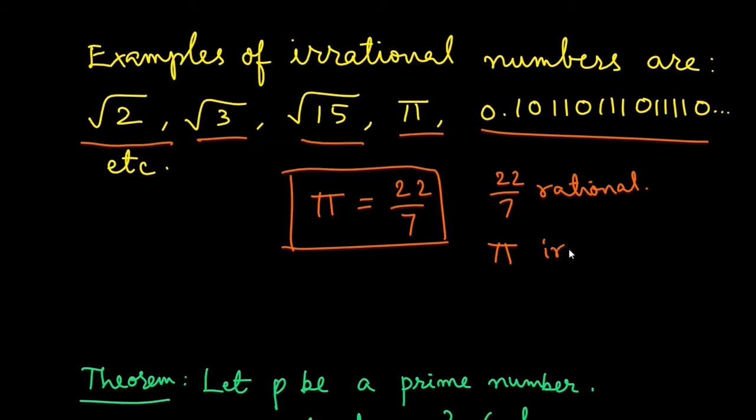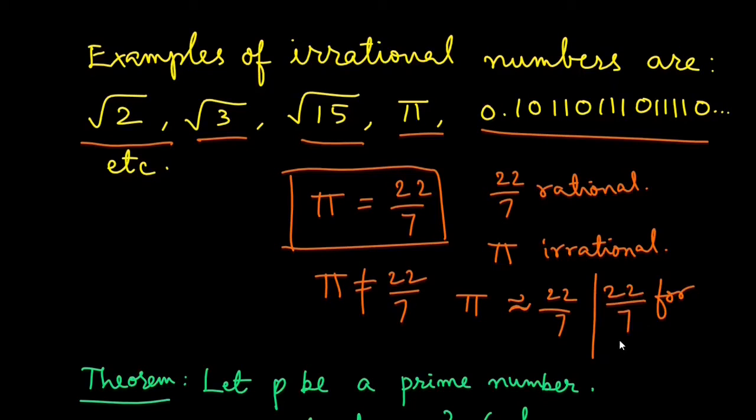Pi is irrational, and this pi is not equal to 22 by 7 exactly. Pi is approximately equal to 22 by 7. 22 by 7 is taken only for calculation purposes.